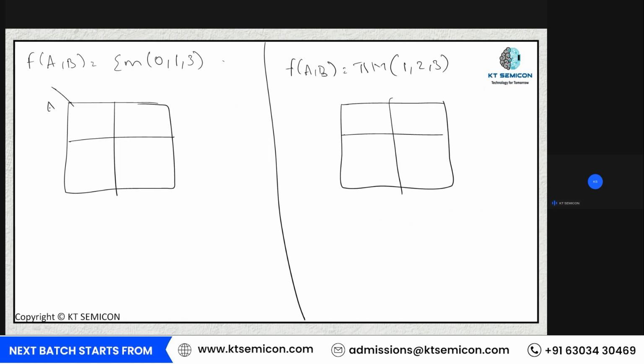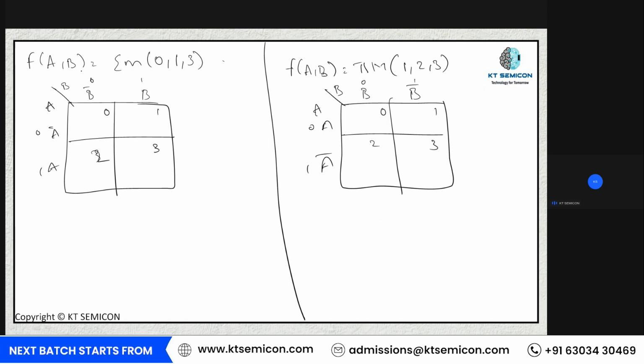Now, this is my B bar and B, A bar and A, with cells 0, 1, 2 and 3. Here I am going to write B and B bar, A and A bar, or else you can write down 0, 1, 0, 1 and here also 0, 1, 0, 1.